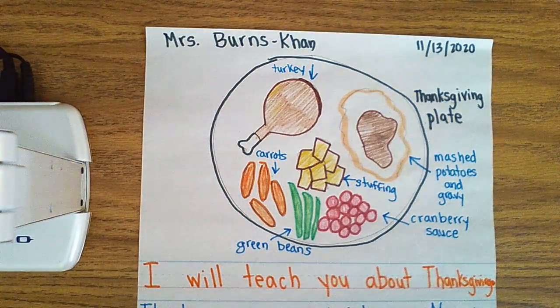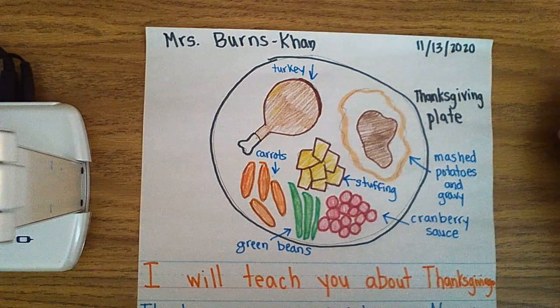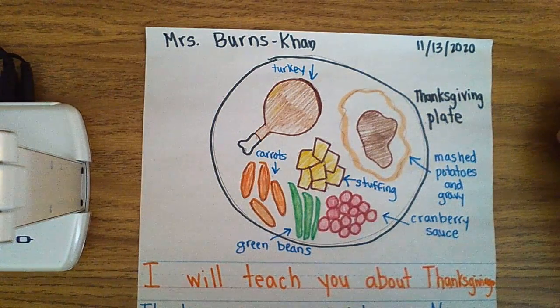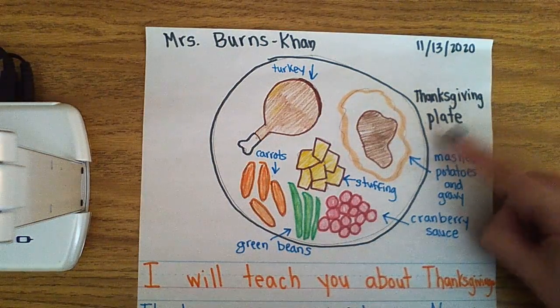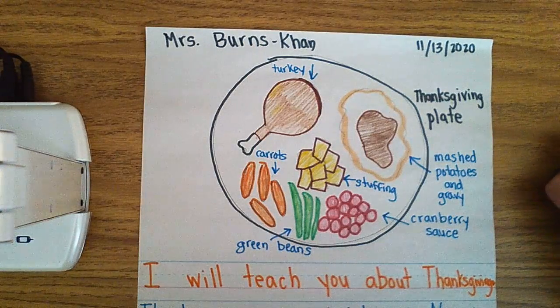Now, the first thing you're going to need to do, friends, is draw a teaching picture that has labels. So you'll notice my teaching picture shows what I know about the foods that people eat on Thanksgiving. So I labeled my Thanksgiving plate. Then what foods do you see, friends? Well, they're all labeled.